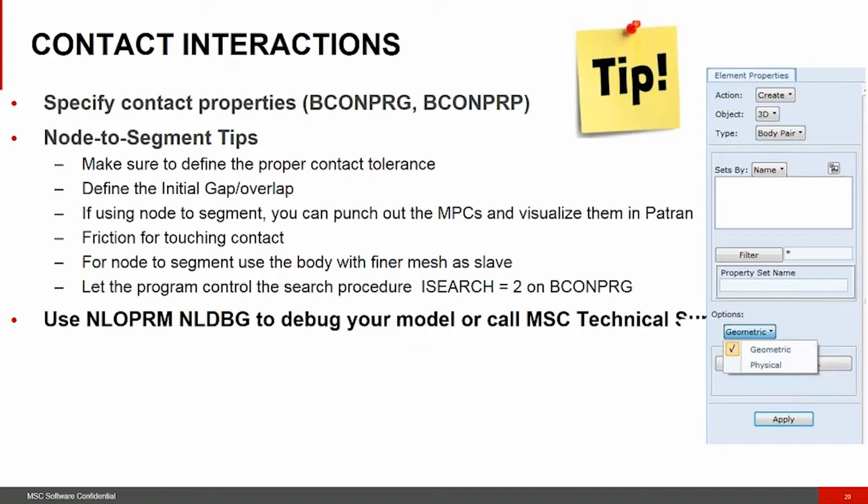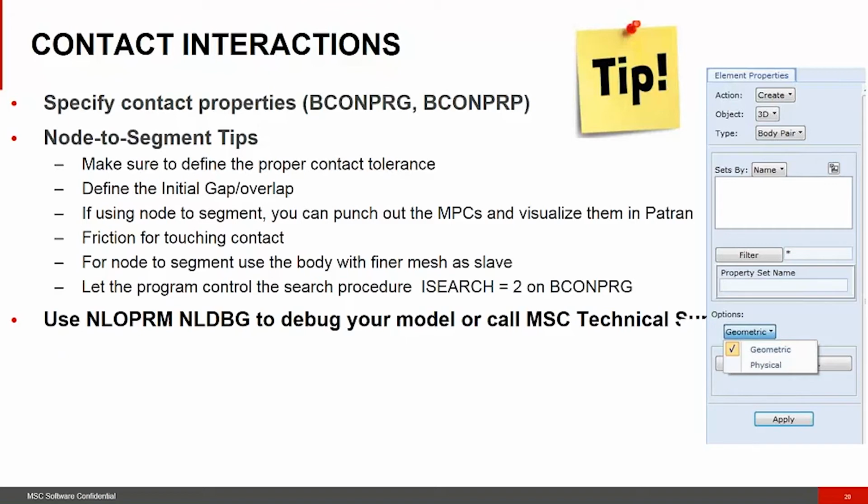You saw that in Patran also, if your models are separated or they have some overlaps due to some design iterations or anything. If you're using node-to-segment, you can use a command and punch out the multi-point constraints that are created for contact, and this allows you to punch those out and visualize them in Patran. This is a good check to see if Nastran created the proper ones or not.